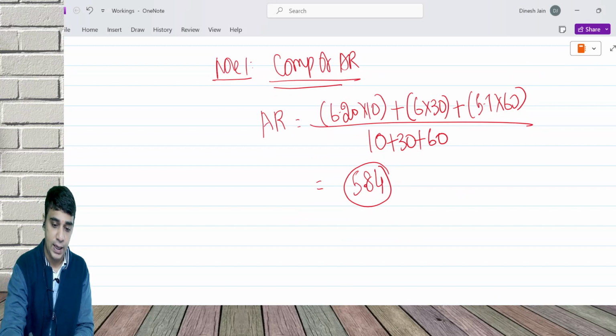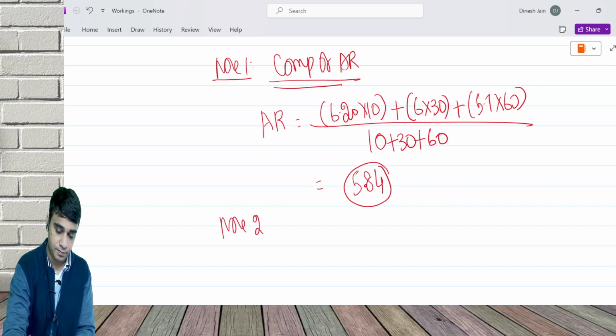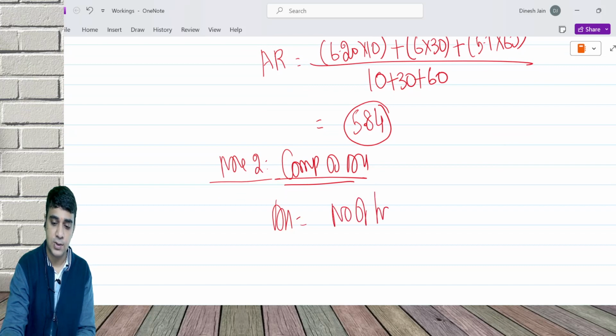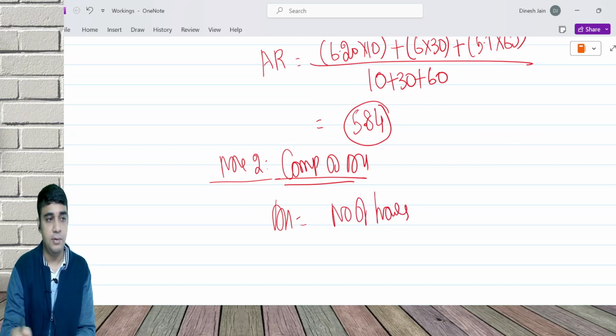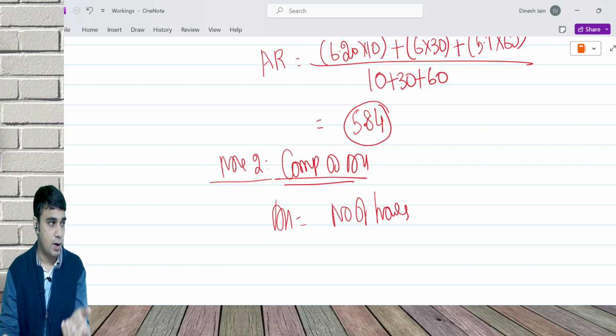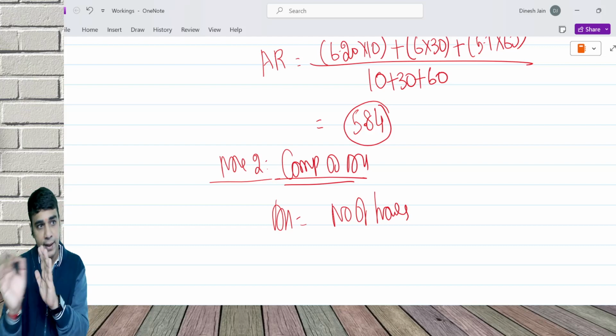Next, note 2. Computation of AH. Actual hours equal to number of hours. See, in this problem you can use the words number of hours worked or paid, both are the same. When you do idle time, there will be a difference.